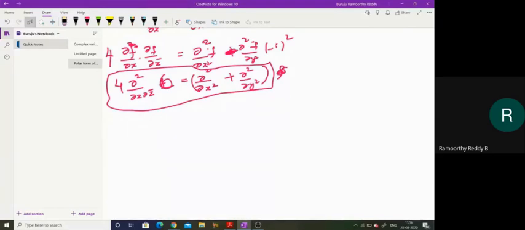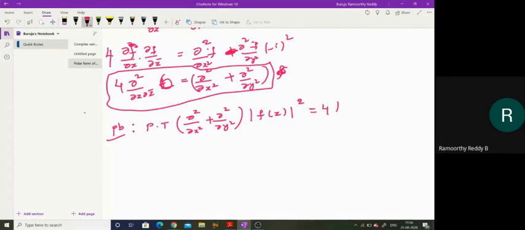The next one. Prove that dou square by dou x square plus dou square by dou y square of modulus of f of z whole square equals 4 times dou square by dou z dou z bar of modulus of f of z whole square.